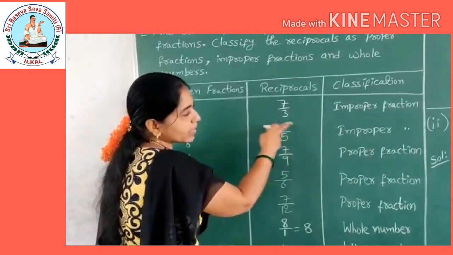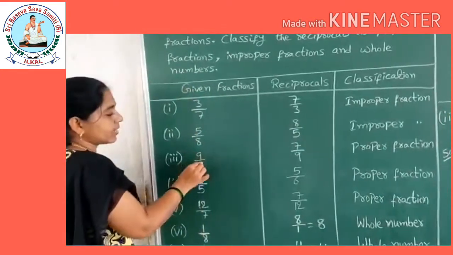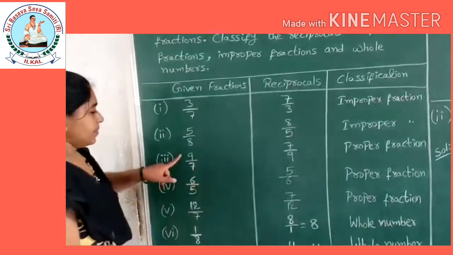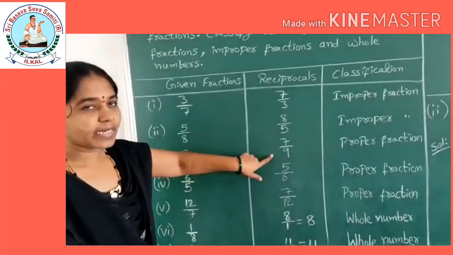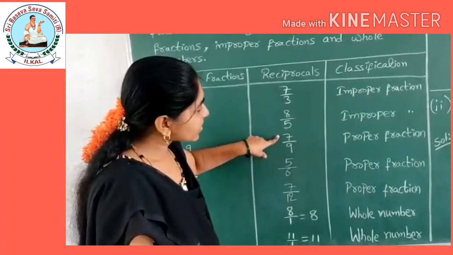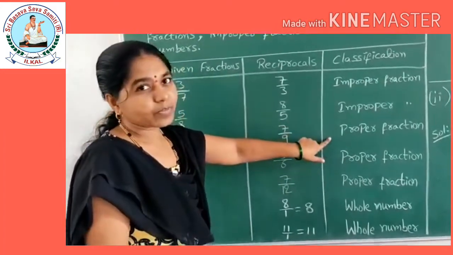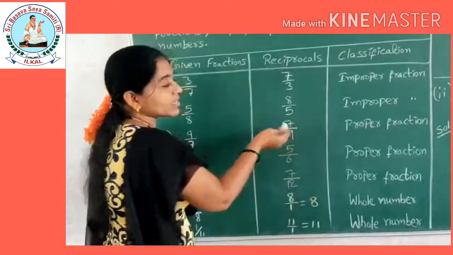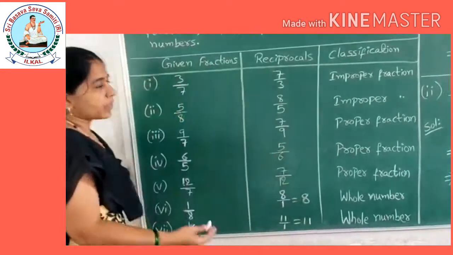If numerator is big, we will call it an improper fraction. Next one. 9 by 7. Reciprocal of 9 by 7 is 7 by 9. Here numerator is smaller than the denominator. If it is small, we will call it a proper fraction. It is a proper fraction.